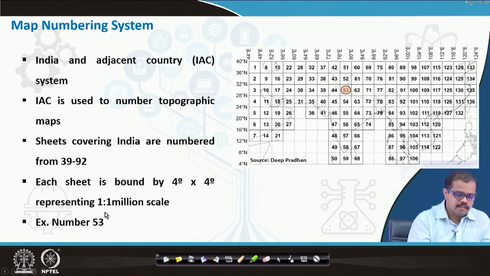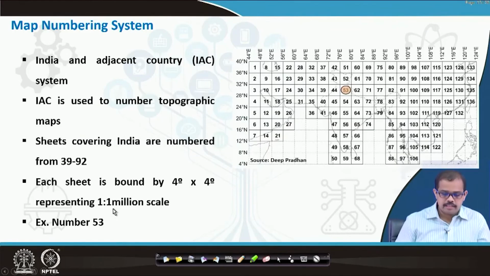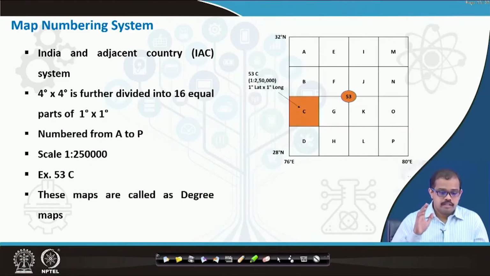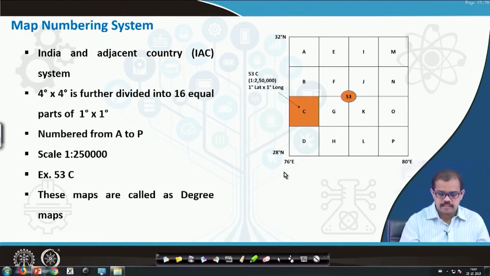For example, the number here, 53, is representing a 1:1 million map of the earth's surface, that is in Indian context, which is here. Okay, if this is the Indian subcontinent, a 1:1 million map of 53 number is representing that region. If you look at this particular map, this 1:1 million map is a 4 degree by 4 degree map, which means to say that this is 4 degree by 4 degree.